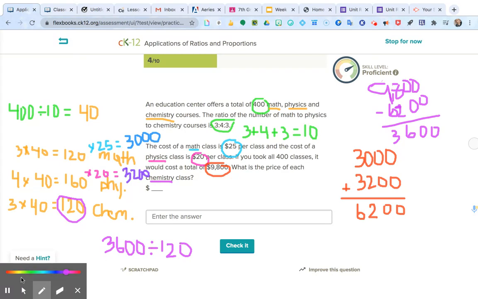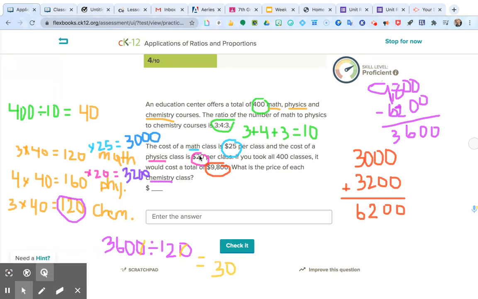So just a quick shortcut, if you ever have zeros, you can always cross them off if they're at the end. So 3,600 divided by 12, or 360 divided by 12, is 30. So the chemistry classes cost $30 per class.